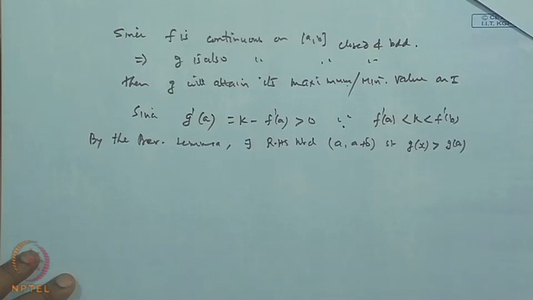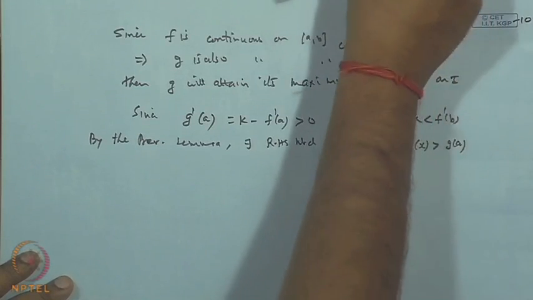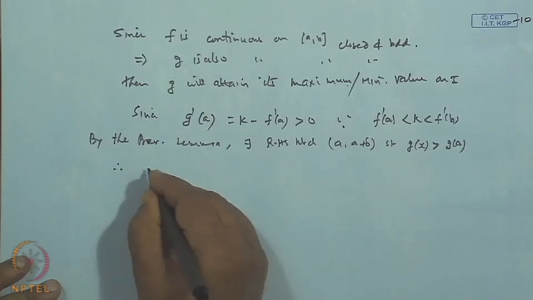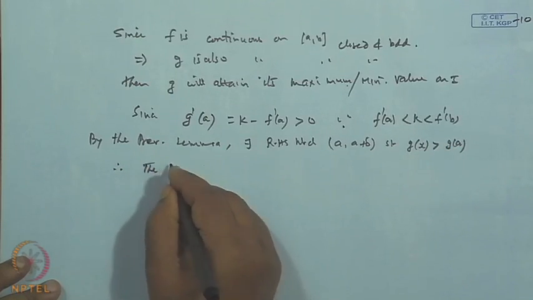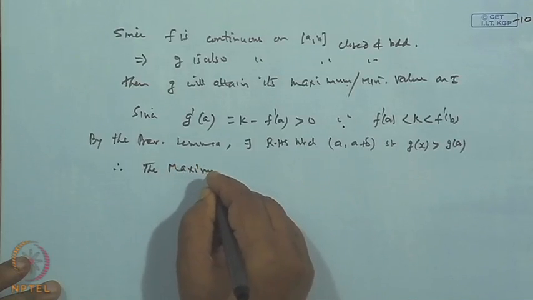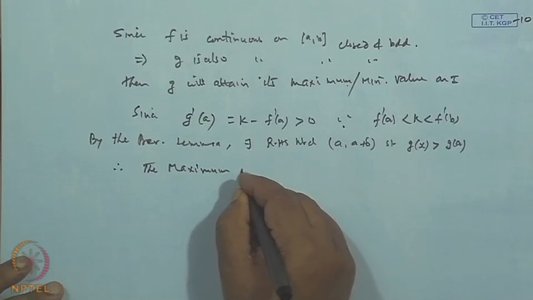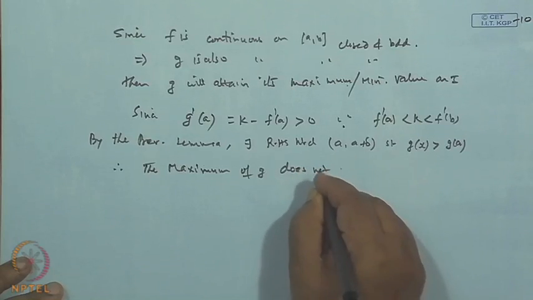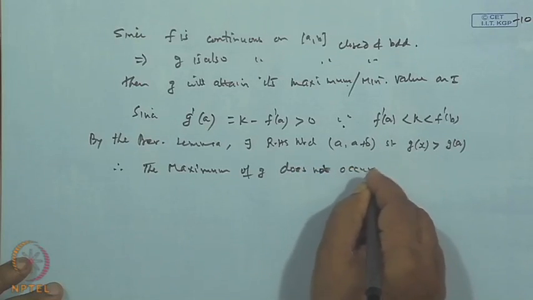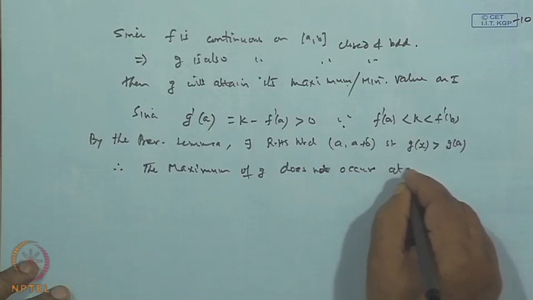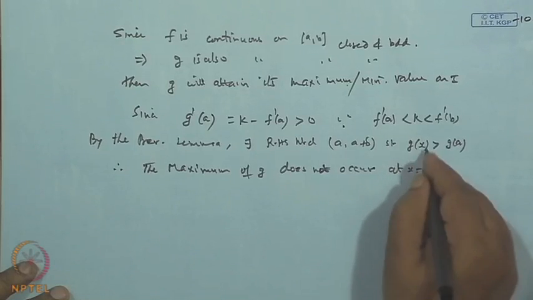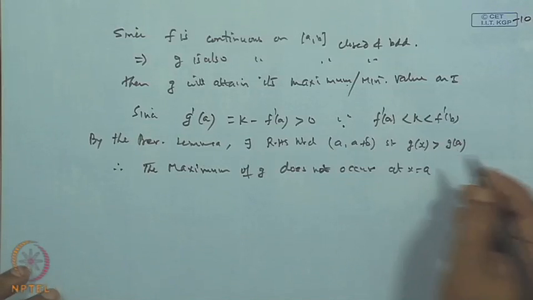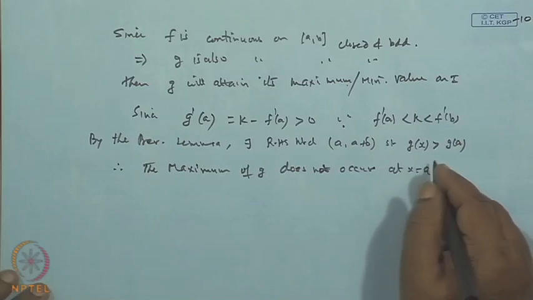Therefore, the function g cannot attain the maximum value at the point a. So, the maximum of g does not occur at the point x equal to a, because it violates the condition: if it is maximum, g(x) must be less than or equal to g(a), which is not true.